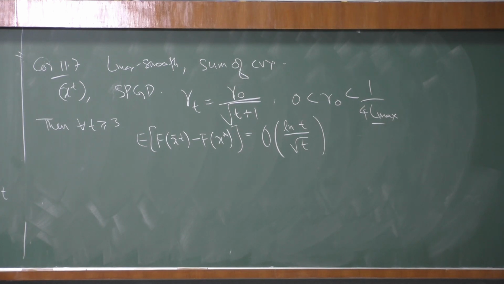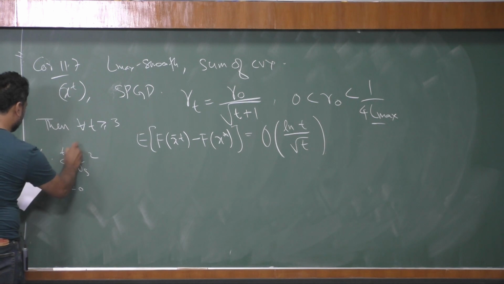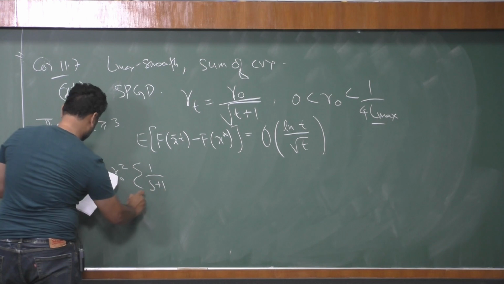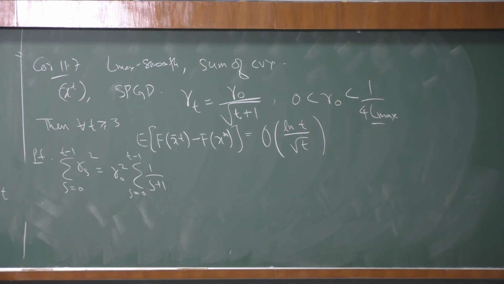Okay, so let us now derive why this would be the case. Let us prove this. We will use the integral bound. Everything is the same; we are looking into these terms because we are changing only the step length. So what are the bounds on this? We have the sum of gamma s square, s equals 0 to t minus 1, which is gamma naught square times the sum of 1 by s plus 1, s equals 0 to t minus 1, with the choice of gamma.